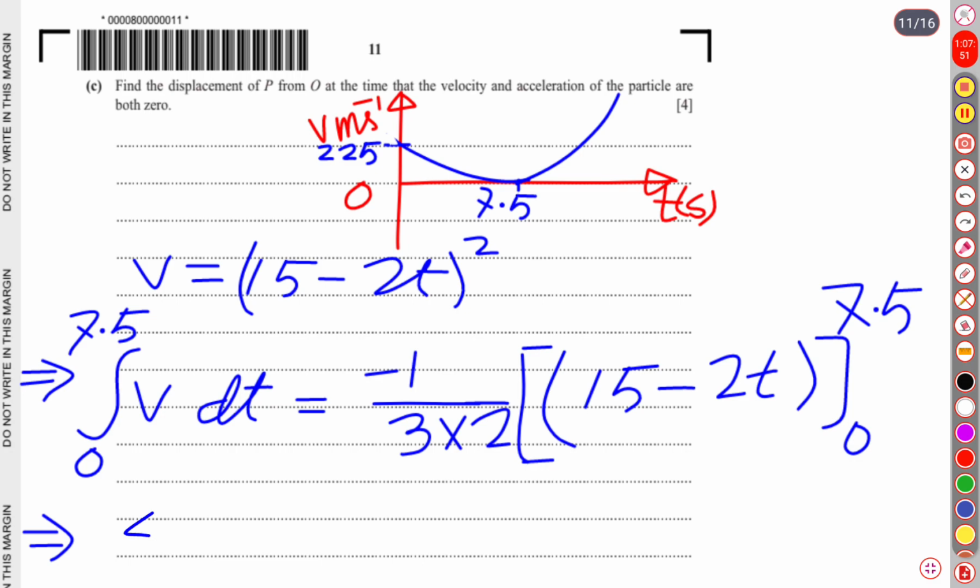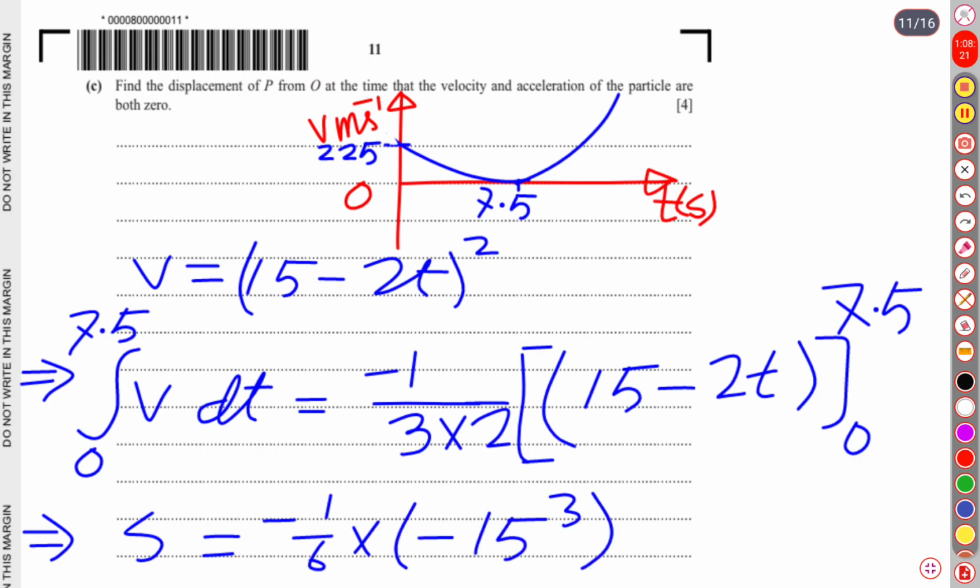So it is going to be s is equal to negative 1 over 6. If we use the upper value, it is going to be actually 0, 7.5 times 2 is 15, 15 minus 15 is 0. So the upper value is 0 minus the lower value, which is positive. If t is 0, it is going to be 15 cubed. That means minus 15 cubed.